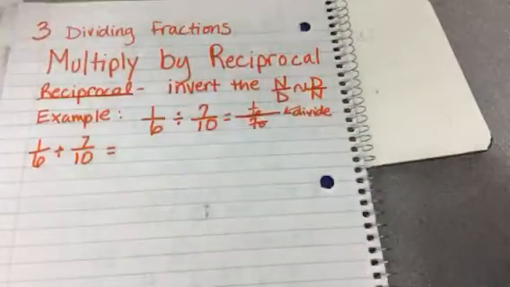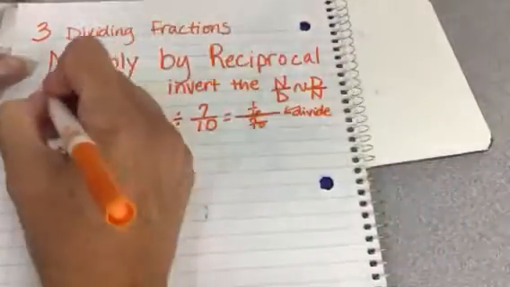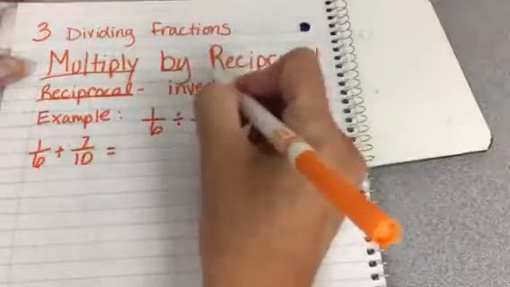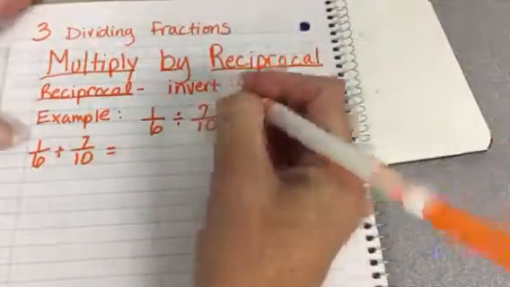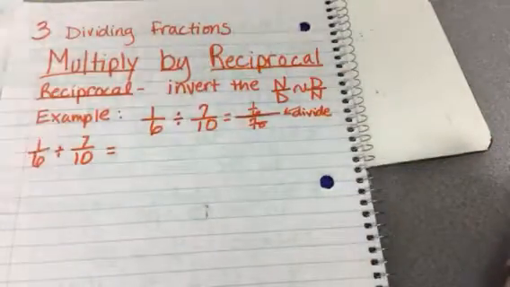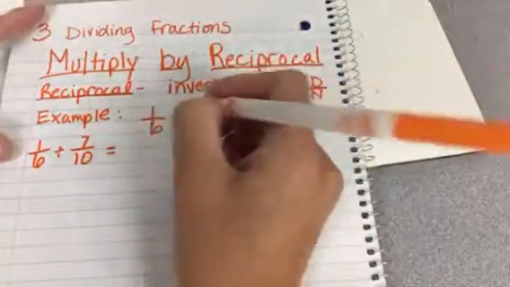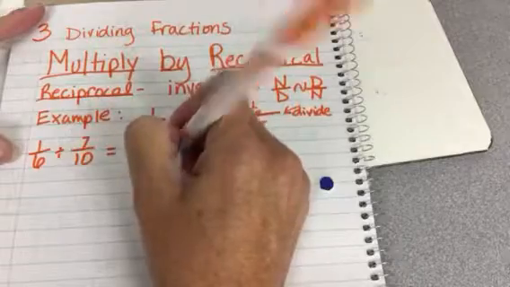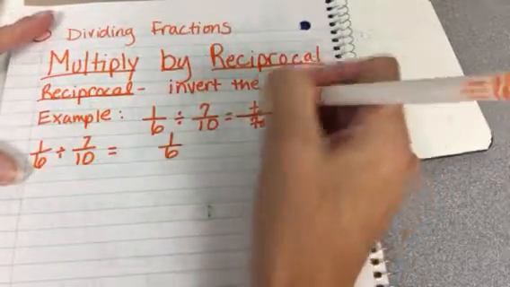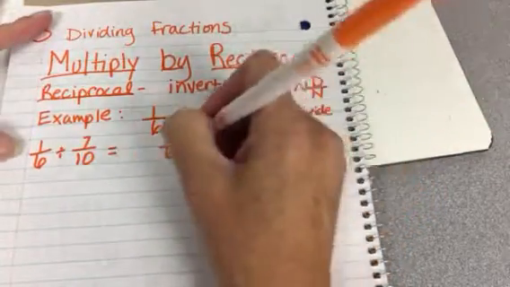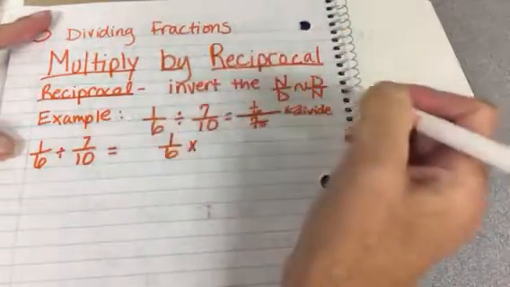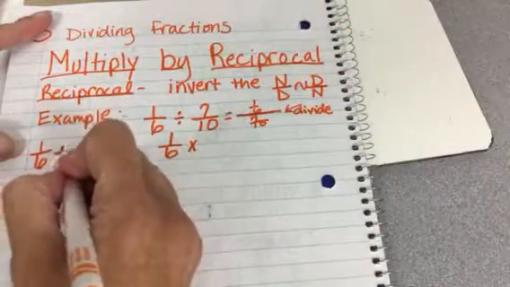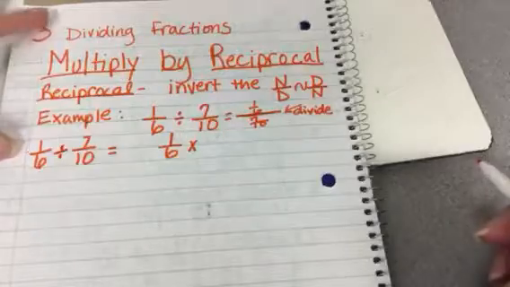Now, when you multiply by the reciprocal, that means that you're changing two things on your problem. The first fraction will stay the same. Your operation will change to multiply. Here it's divide. The problem tells you to divide.